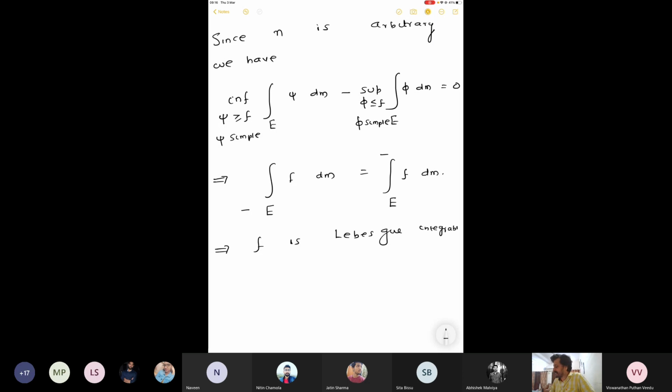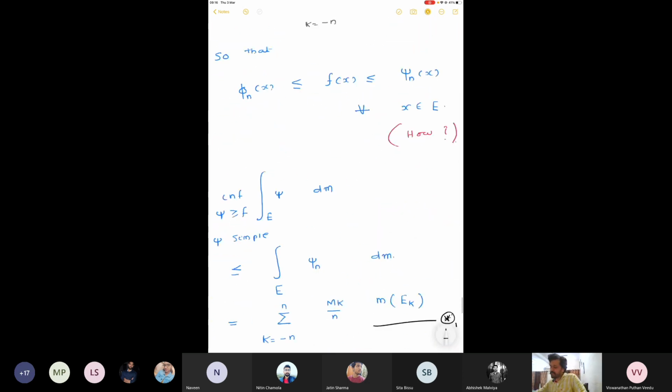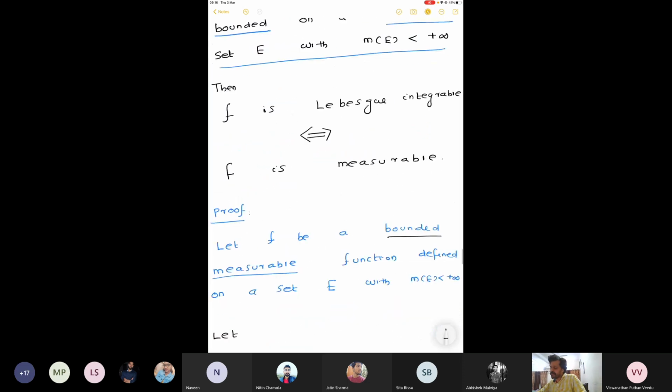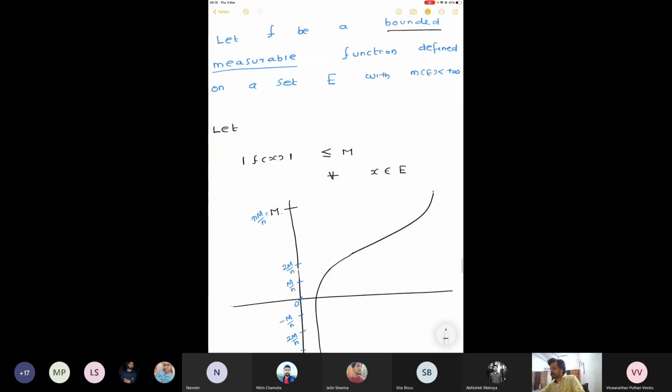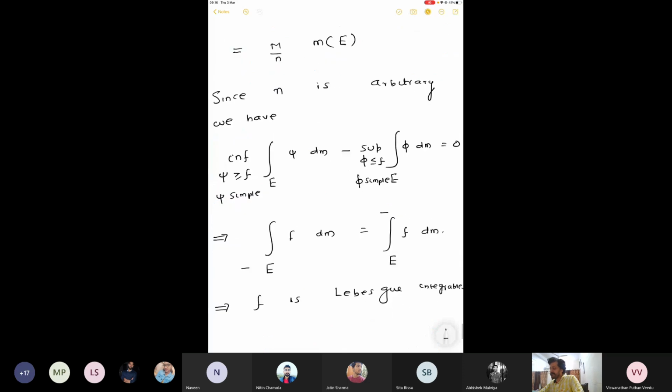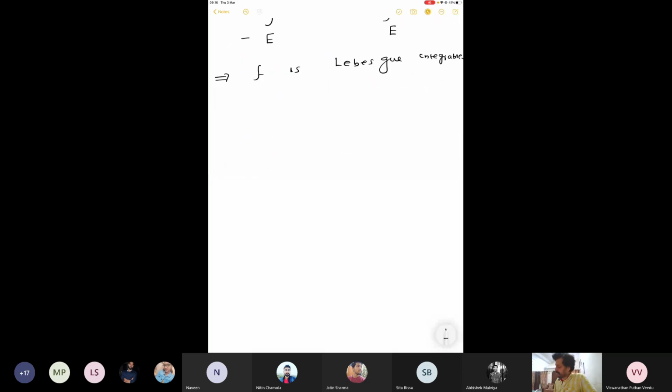At least I should finish this theorem now. So, assuming that f is bounded and measurable, we could prove that f is Lebesgue integrable. Now, conversely, suppose f is Lebesgue integrable. I have to prove that f is measurable.